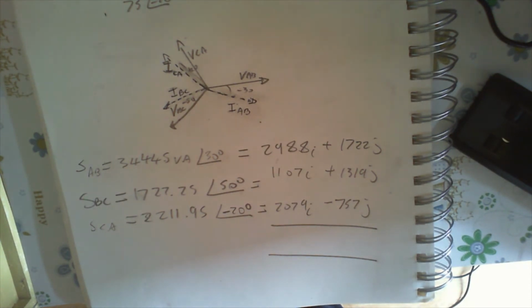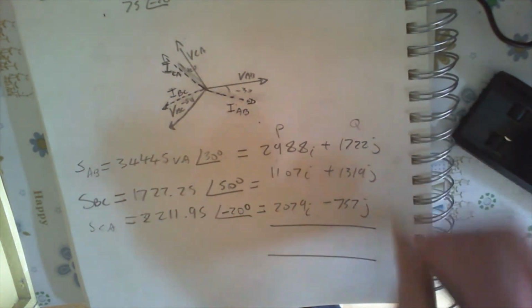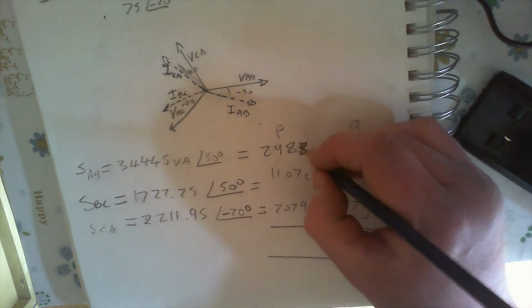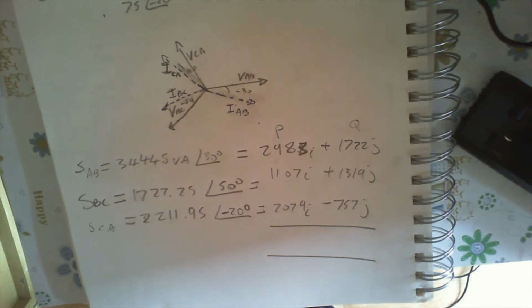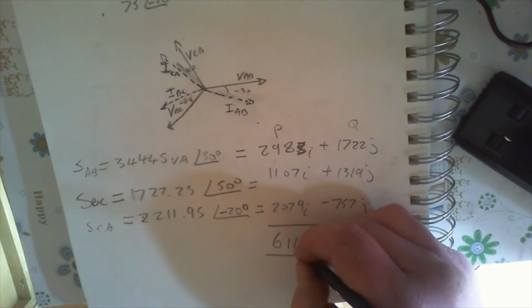Wrote all these down here. And we just need to add them together. Remember, that's your power, that's your reactive power. So what we're looking at here, 2983 plus 1107 plus 2079, 6169.